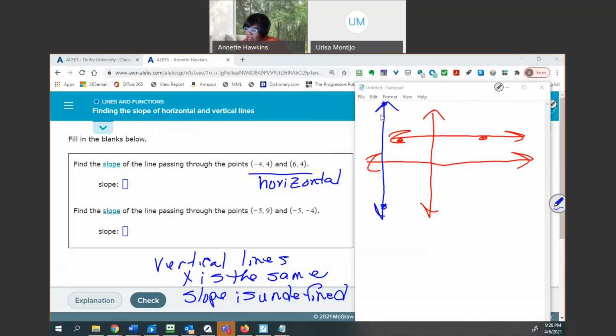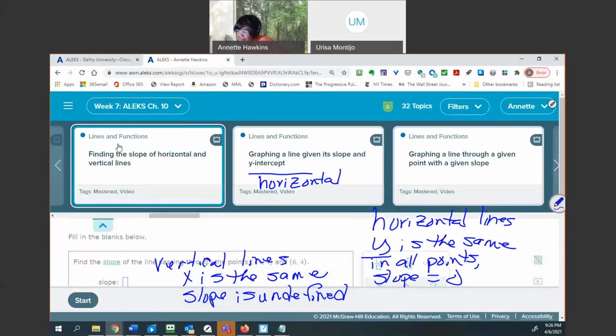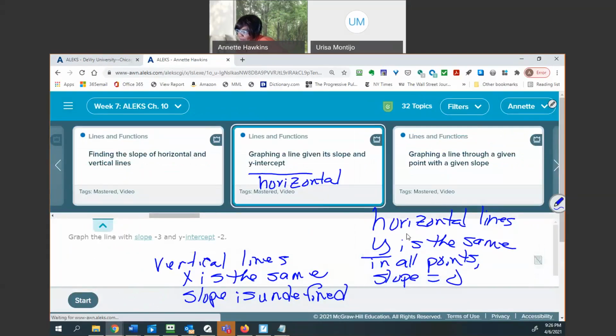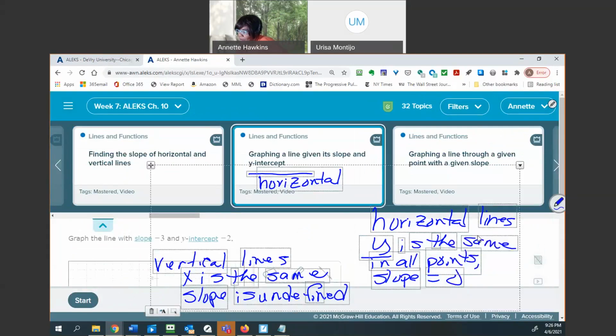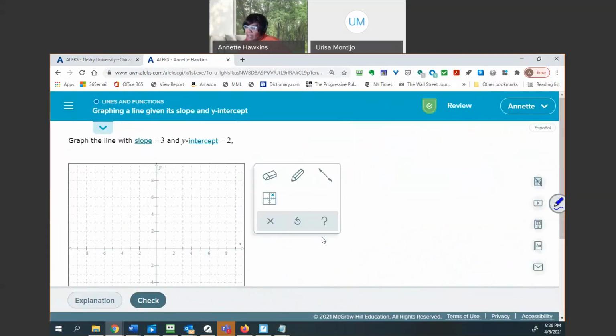All right. So let's see. Graph a line given the slope and the y-intercept. Right there. All right.